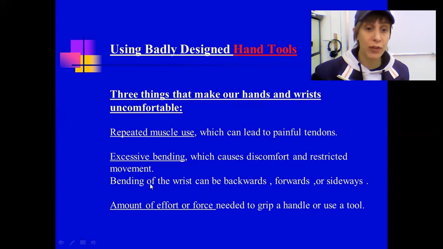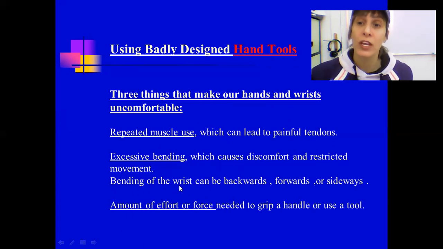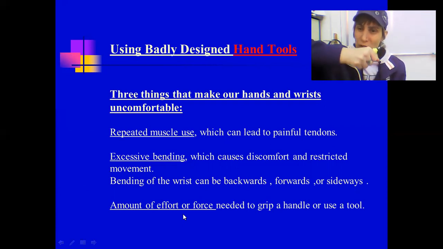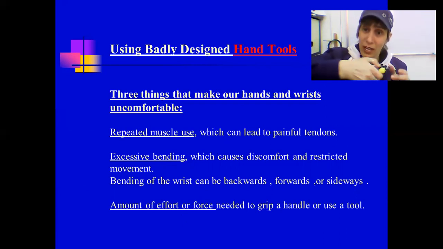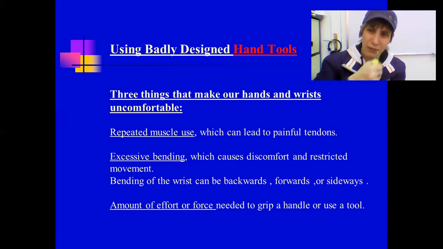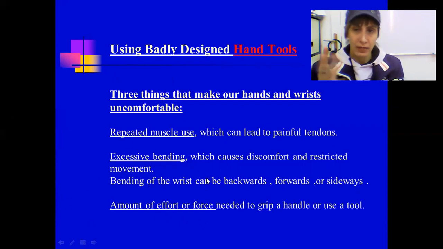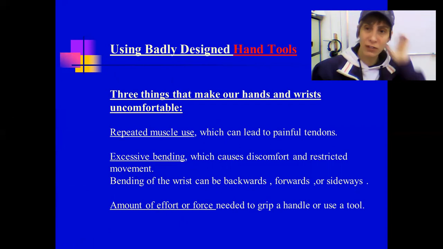And the amount of effort or force used. So if I have to use a lot of force while using a tool, this also will create pain in my hand. Now, imagine if you have the three together: repeated muscle use, excessive bending, amount of force. So now it will become a disaster situation.